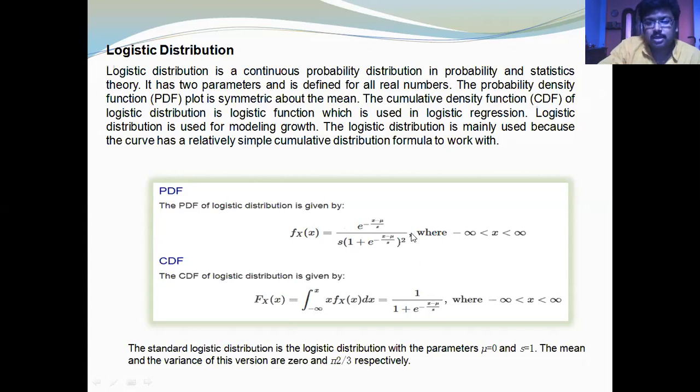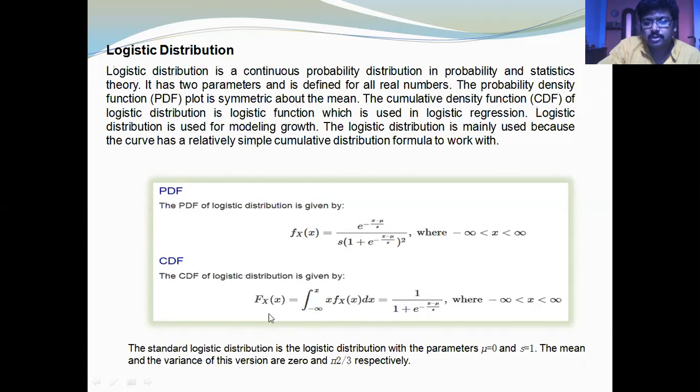This is the PDF of the logistic distribution. The value of x lies between minus infinity and plus infinity. Clear? And this is the cumulative distribution function, the CDF, of the logistic distribution.